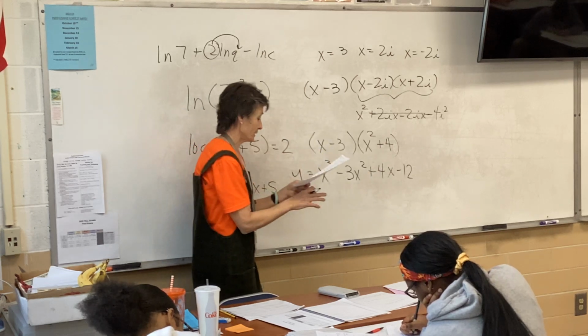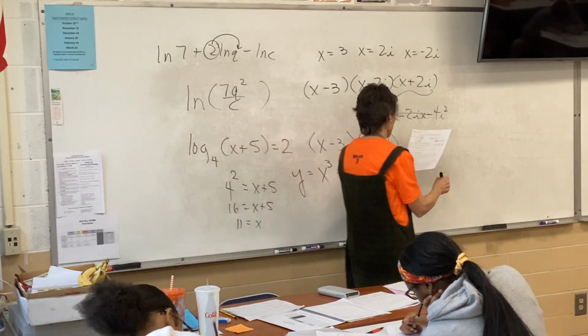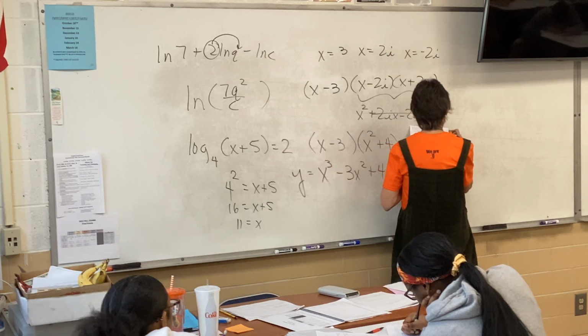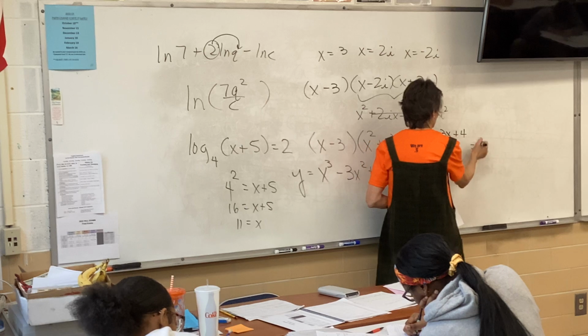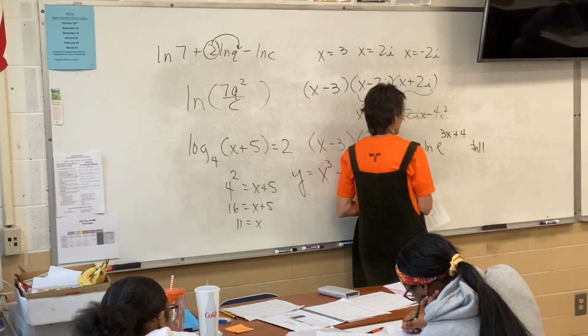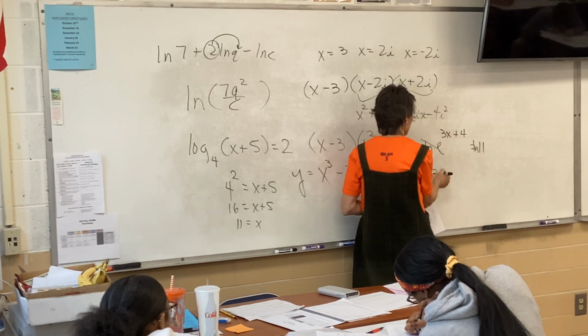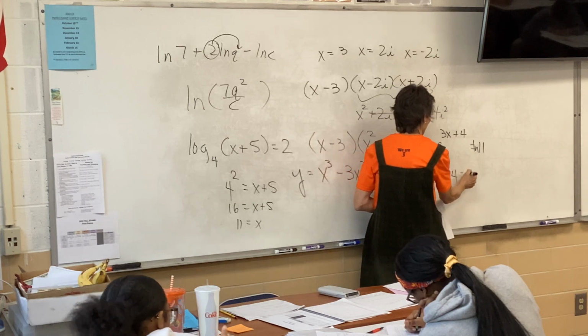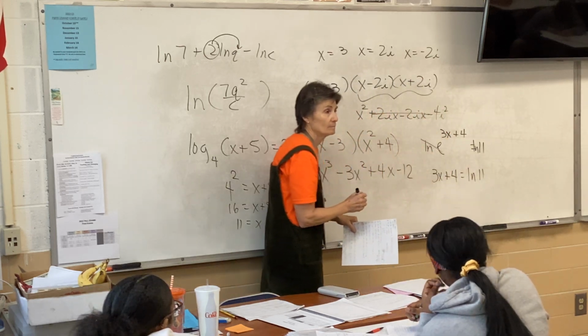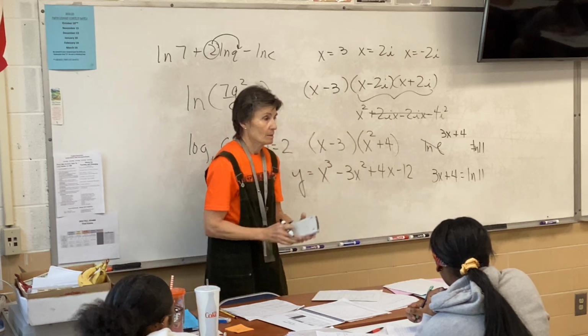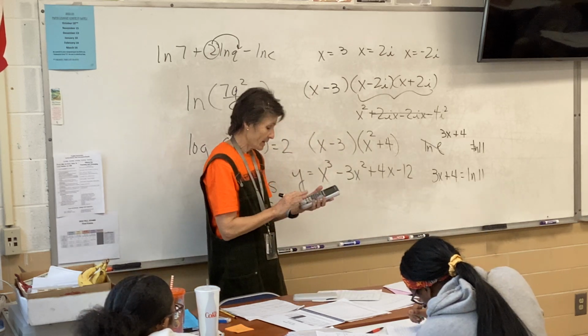Number 10 is a calculator problem. How do we solve this? Yep, we're going to ln both sides. And when we do that, all we have left over here is 3x plus 4 equals ln 11. So go ahead and solve that.